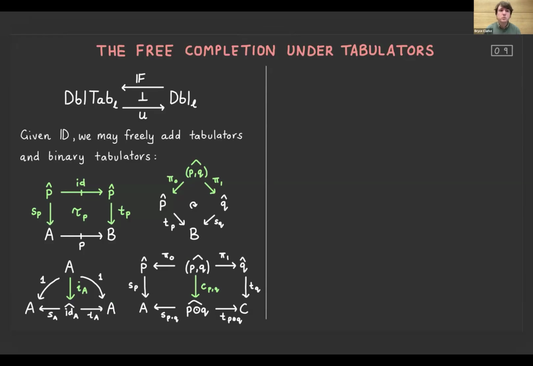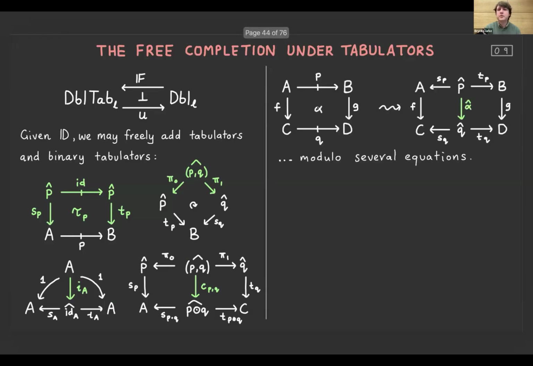Okay, so we add that in as well. And also for every cell, we need to get an appropriate morphism between the tabulator objects, and also one for the composable pairs of cells. We need to add that in as well, modding out by a bunch of equations that have to be satisfied. Okay, so you could have guessed this, and that's good. And so we get this adjunction here.